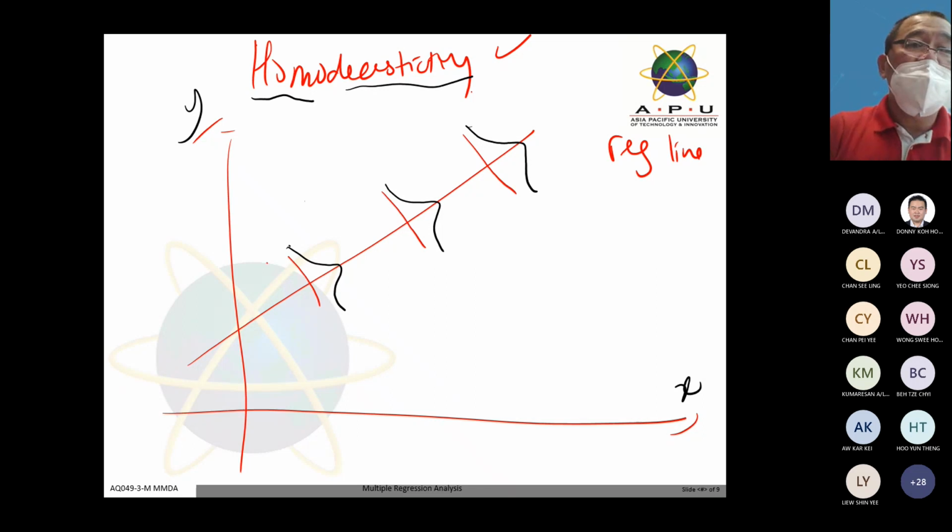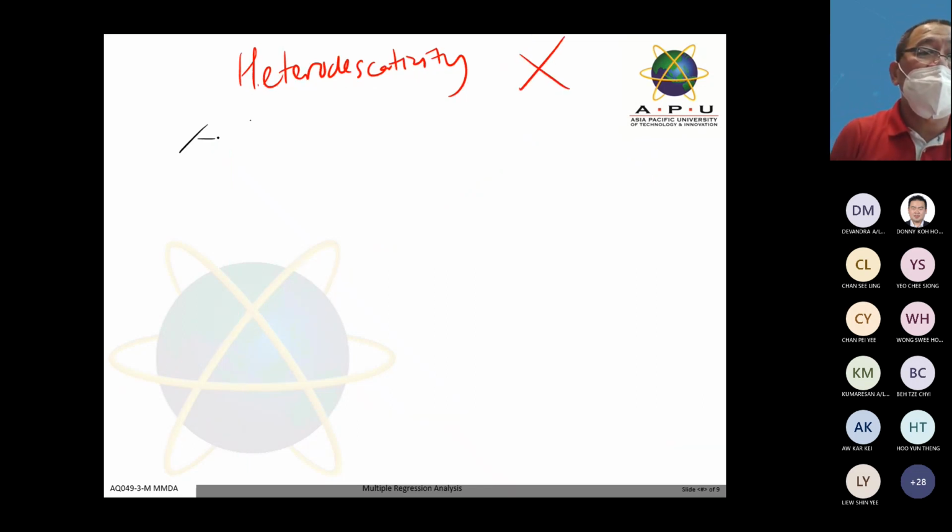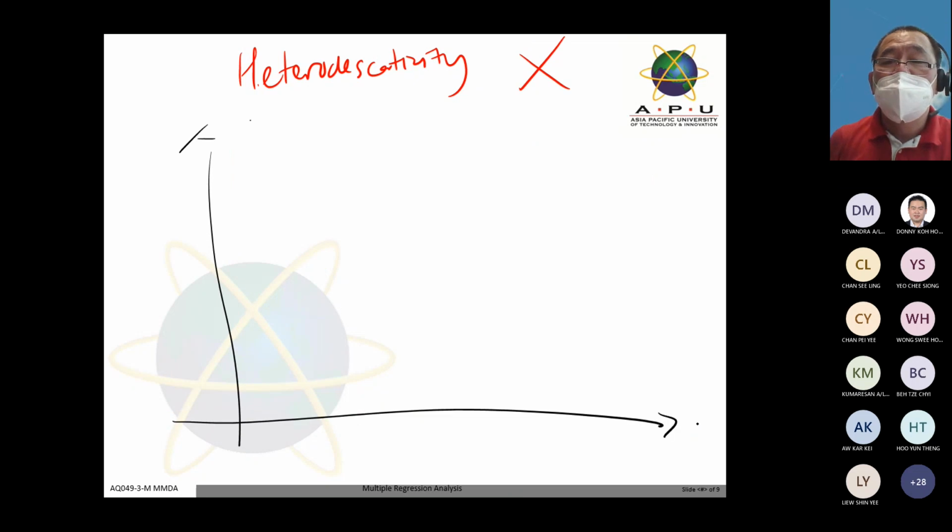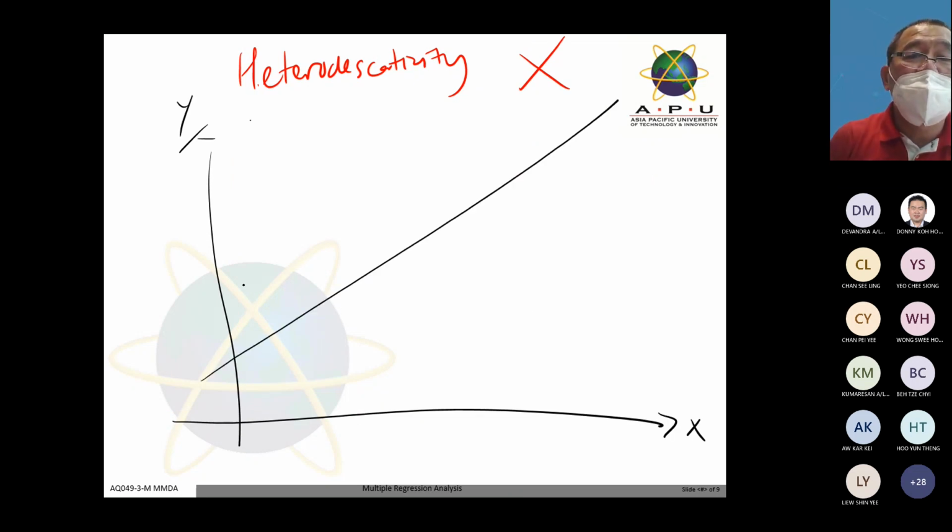So now we compare with heteroscedasticity. So with hetero, we still have the line like this.